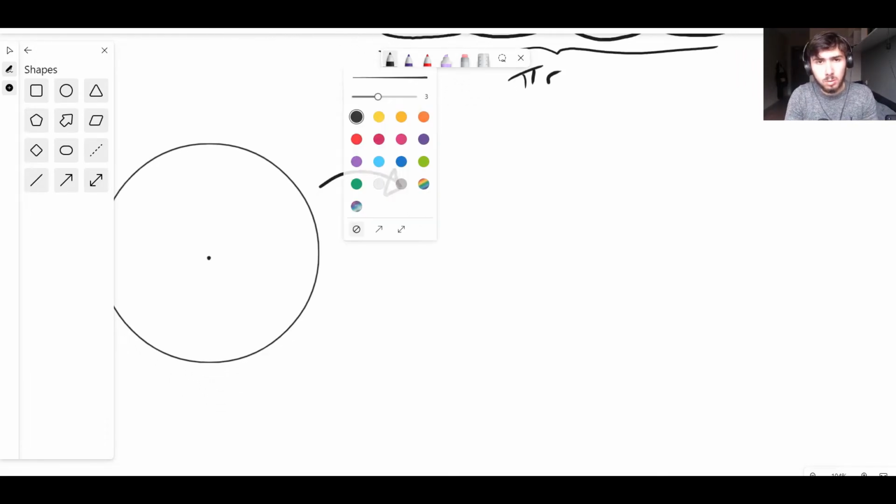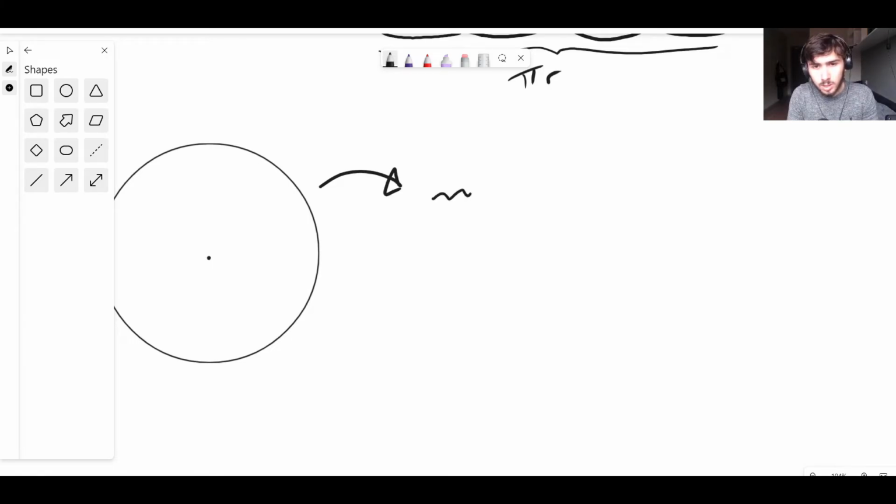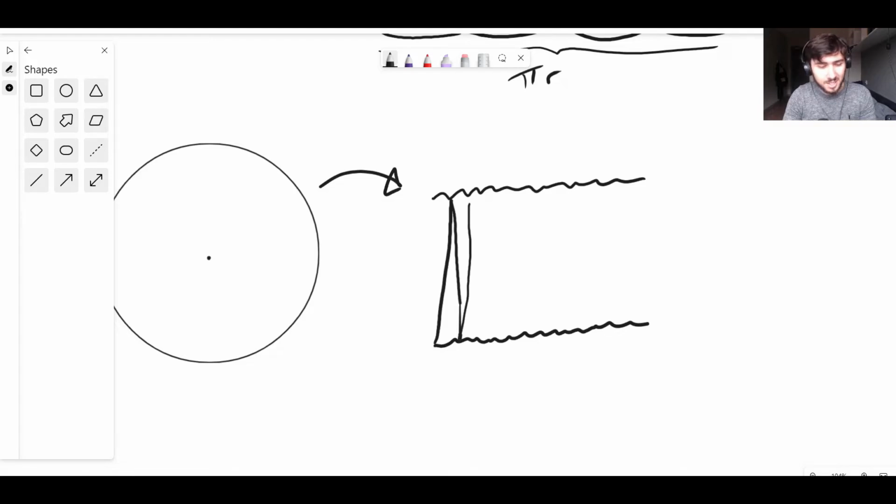Again, it's going to be a pretty rudimentary drawing, but let's go like this, and we'll come down here like this. This is going to be a disaster, guys, but just bear with me. Your slices would kind of look like this, right?